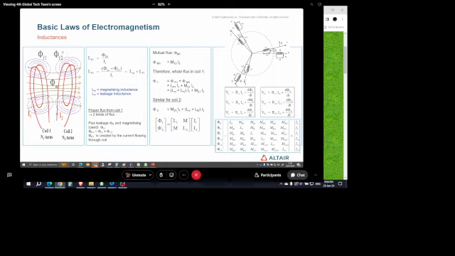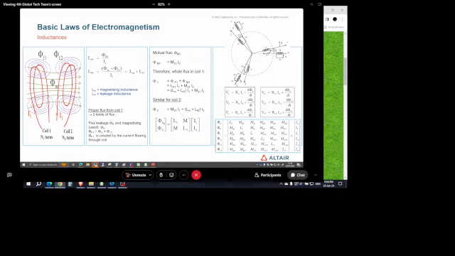Once I supply coil 2, I will have this mutual inductance created, and then it will be added on the flux seen by coil 1 and created by the two coils. So this is for coil 1, and coil 2 is similar, and then we can create this matrix.